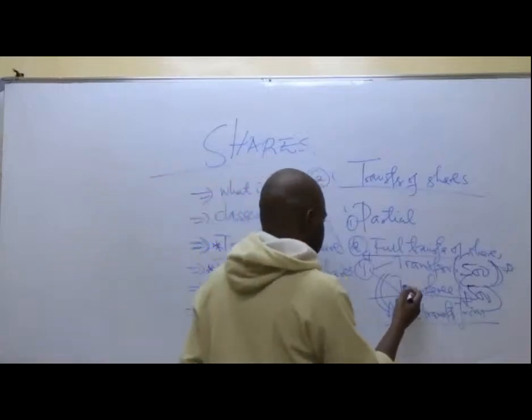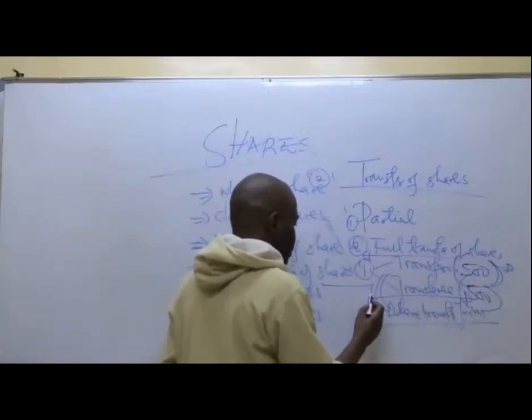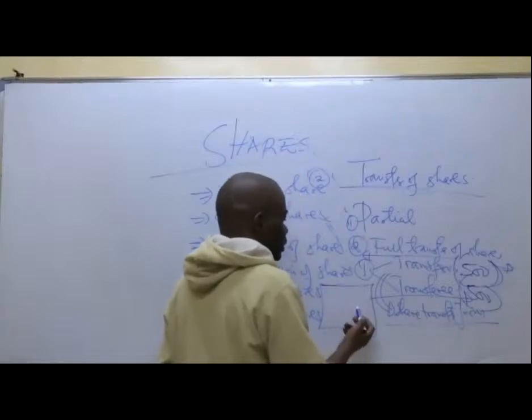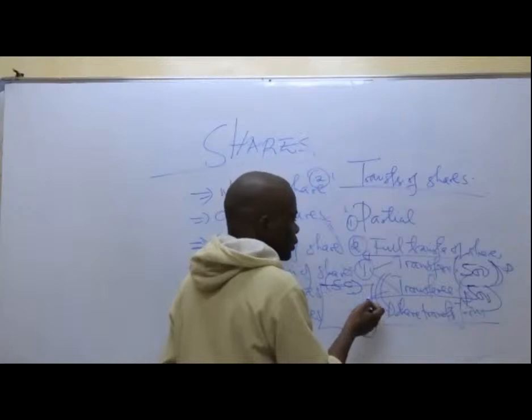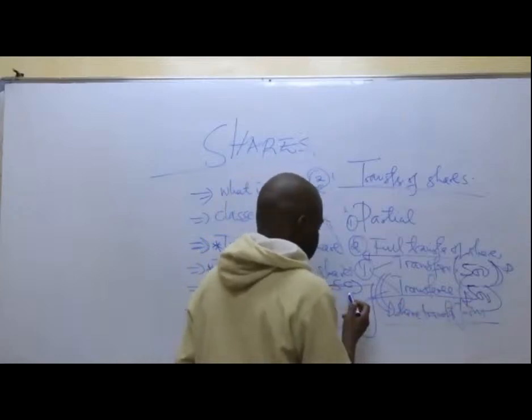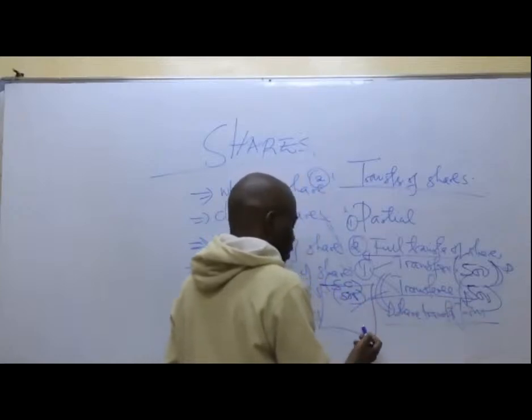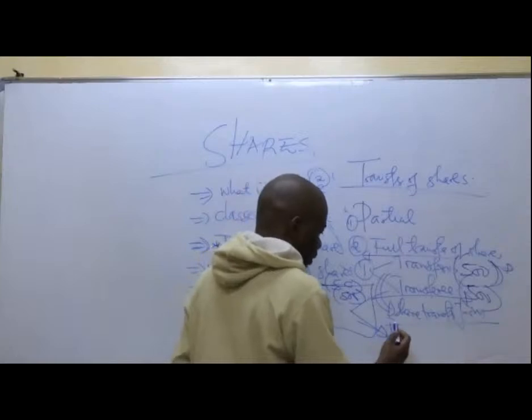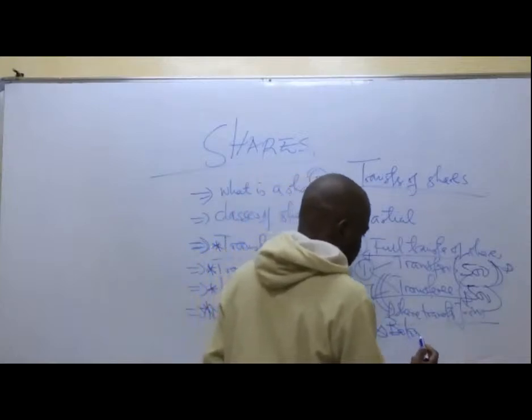The officer of the company will simply indicate on the share certificate the number of shares being transferred to the transferee, that is 500. And of course, they will also prepare what we call a balance ticket.